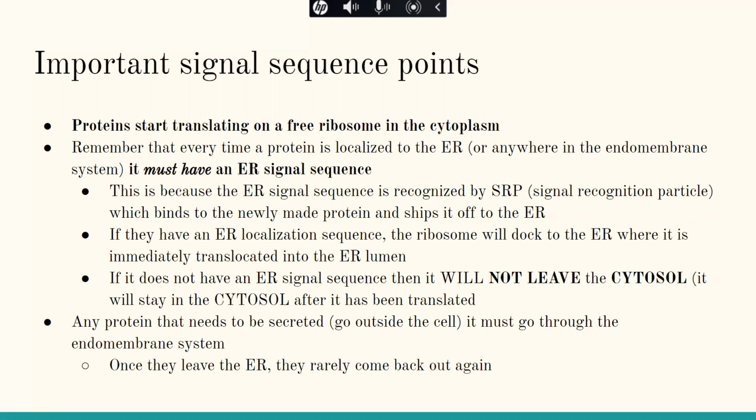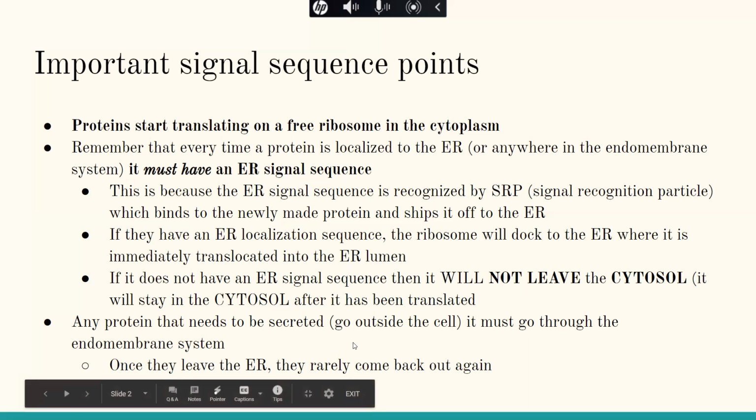And then any protein that needs to be sent outside of the cell has to go through the endomembrane system. So it needs that sequence to get it through the ER. It will probably have an additional sequence to get it through the Golgi and everything else in the endomembrane system, which we'll talk about in a second, to get outside of the cell. Otherwise it will stay in the cytosol.